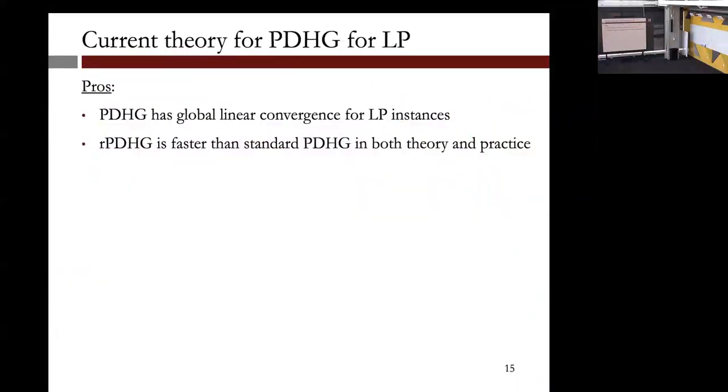And so here's the current theory for PDHG for linear programming. I say here, PDHG has global linear convergence for LP instances because of this, and restarted PDHG is faster than standard PDHG, both in theory and in practice.